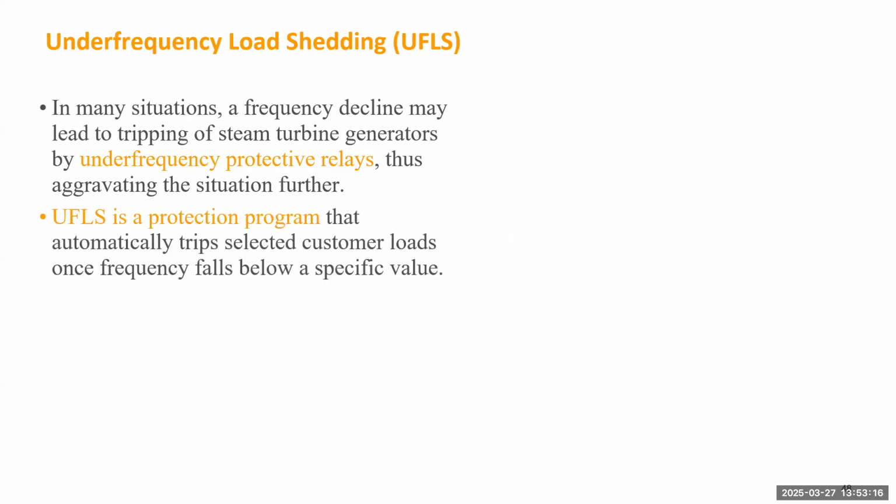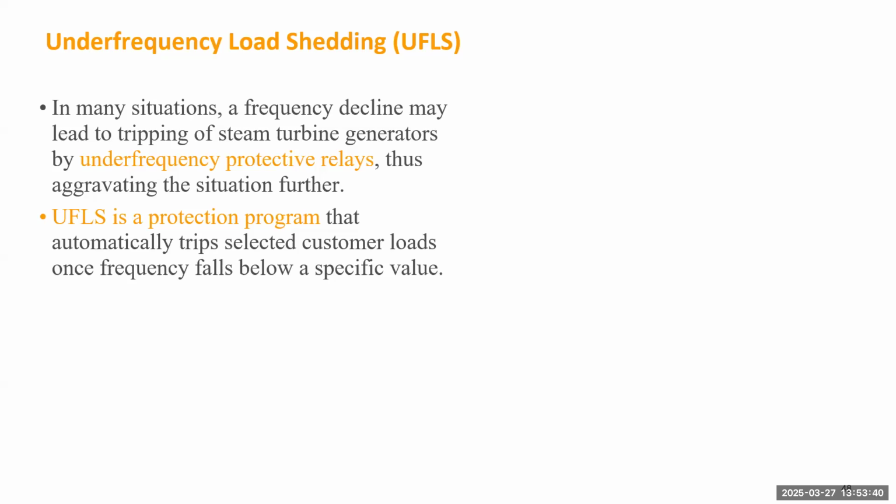Such protections are called under frequency protective relays. There can also be over frequency relays. Under frequency load shedding is just a protection program that automatically trips selected loads. It doesn't directly control the generation, but by reducing the load, it can mitigate the imbalance of power.